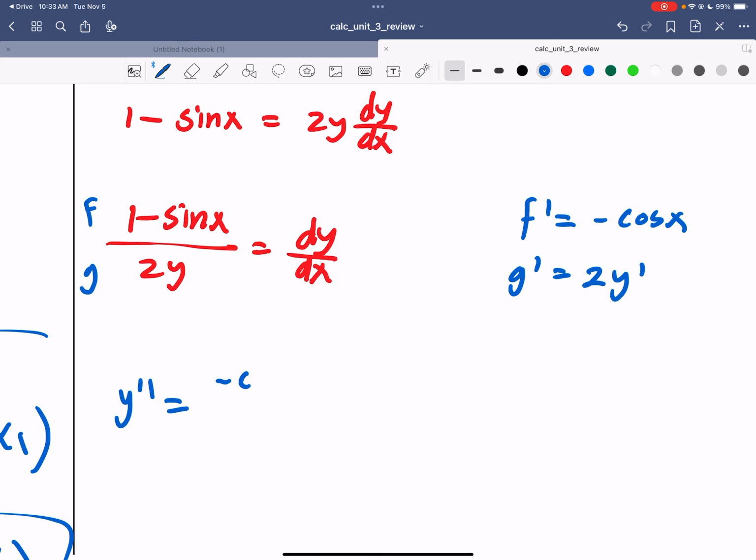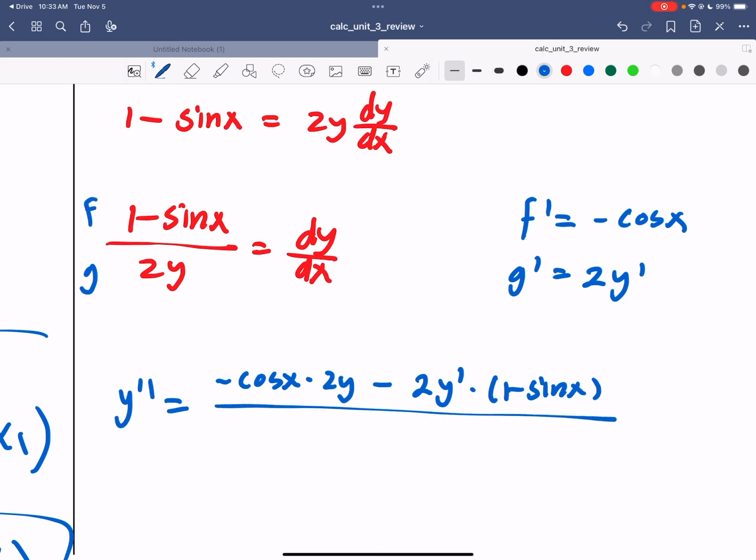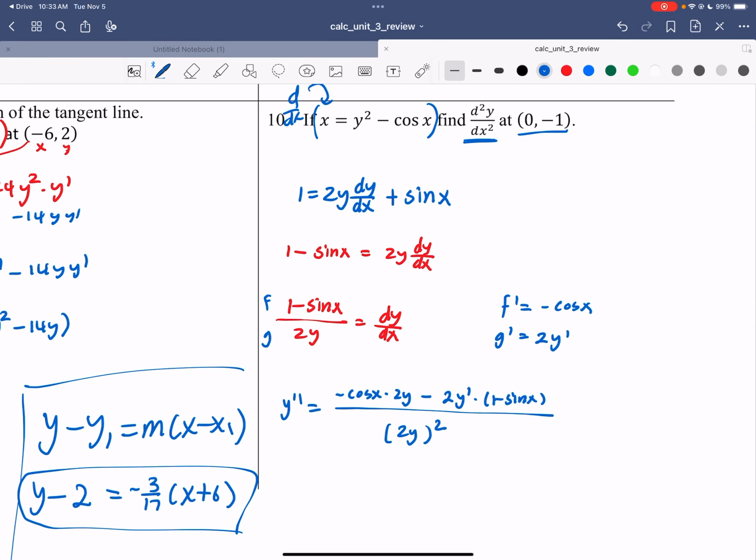So negative cosine of x times 2y minus 2y prime times 1 minus sine x over 2y squared. And the only thing that we have to do is to plug in 0 and -1.